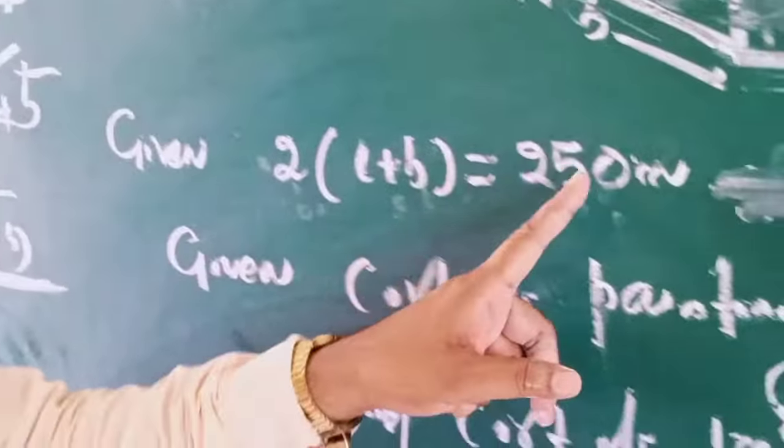First, perimeter is given, and the second thing given is the cost of painting 4 walls is rupees 15,000, and the cost of painting 1 meter square is rupees 10. So total area of the 4 walls, how to find?